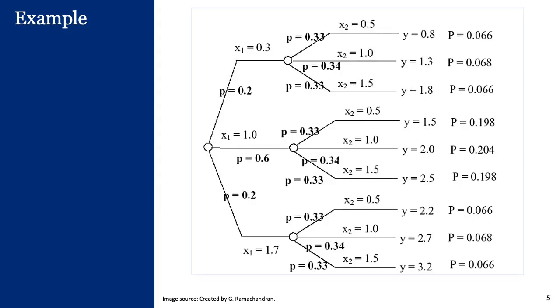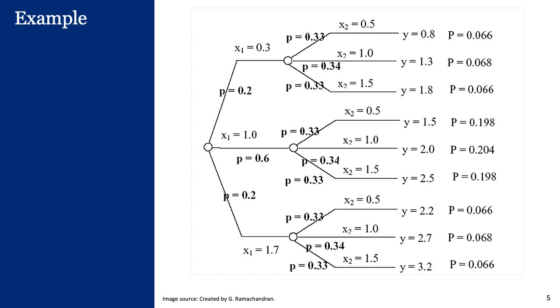Now we can extend that example a little bit more by making it quantitative. And so x1 can take any of three values, 0.3, 1, and 1.7, corresponding to low, medium, and high. Except now we also assign the probability of each value occurring. So the probability that x1 can take a value of 0.3 is 0.2 or 20%. The probability that x1 can take a value of 1 is 0.6 or 60%.